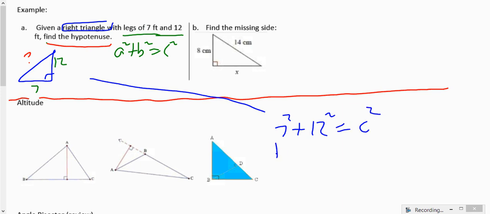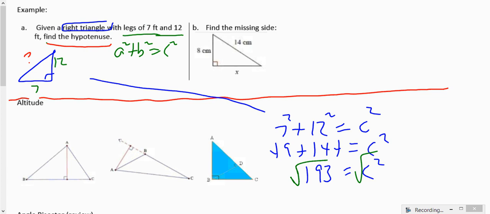So if we do the work, we get 49 plus 144 if we square those two numbers, and that is still equal to c squared. 49 plus 144 is 193. And to undo a square, we square root.